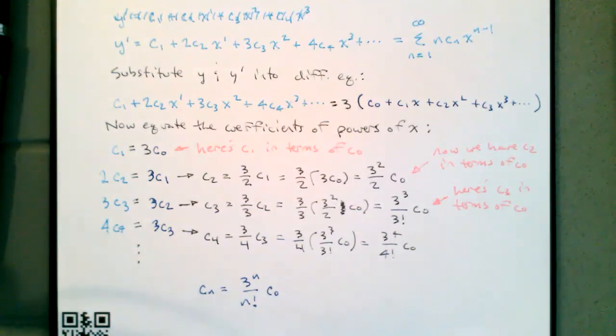This is not something that we want to do by hand, but I'm just trying to illustrate the point that we can use a power series as a guess for a solution to a differential equation. Clearly, we would want a machine to do this depending on how complicated our differential equation is going to be.